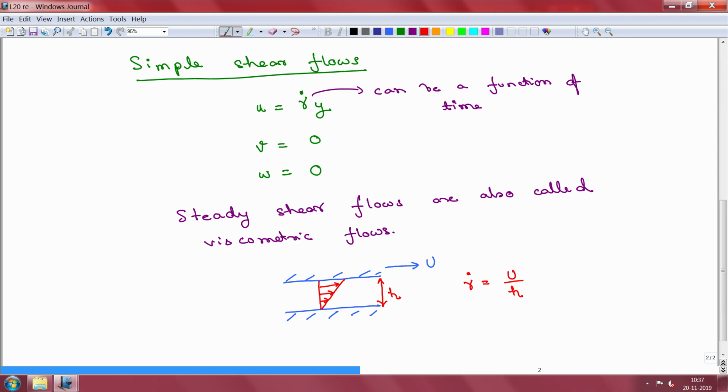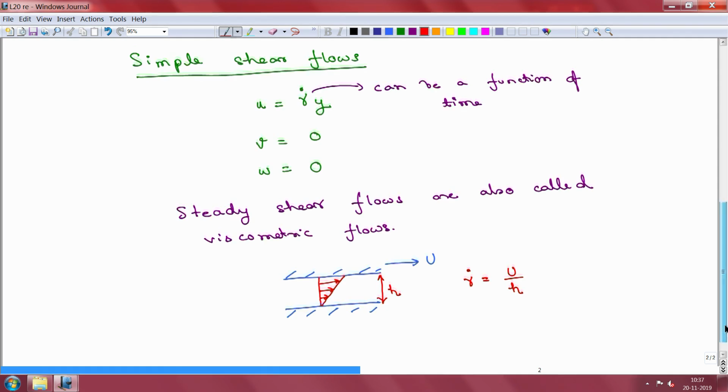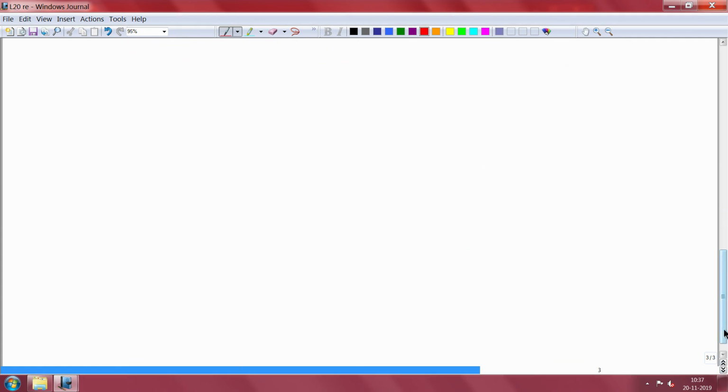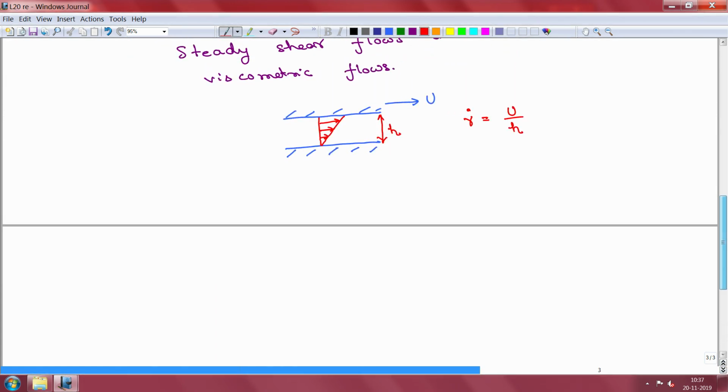Now, this kind of flow is very important because it helps us characterize some important quantities. We will see that there are important material functions for polymeric flows and viscoelastic flows in general.